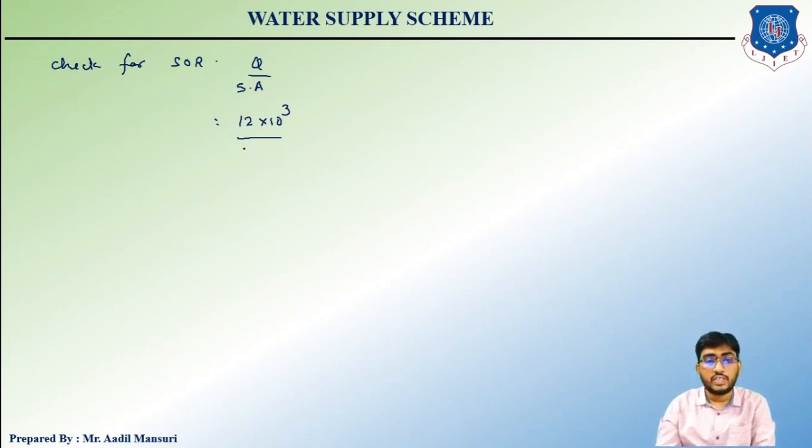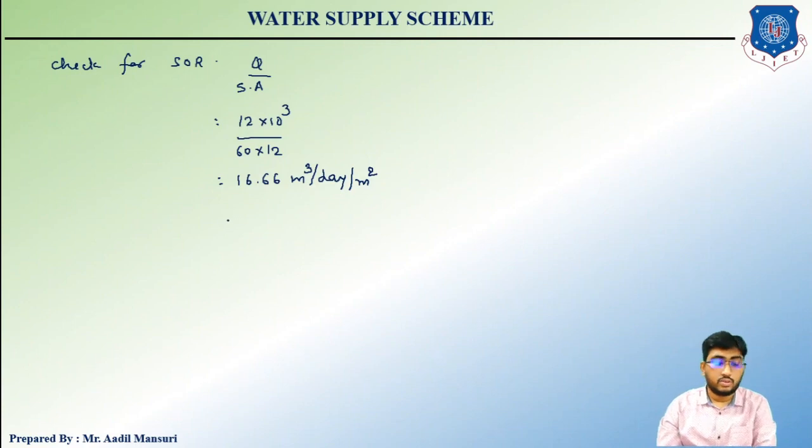Then surface area 60 into 12. So this will be equal to 16.66 meter cube per day per meter square.